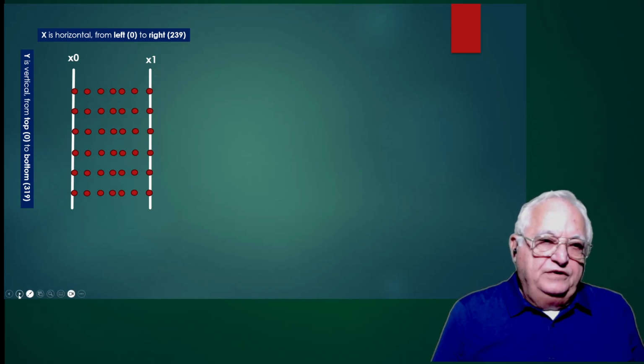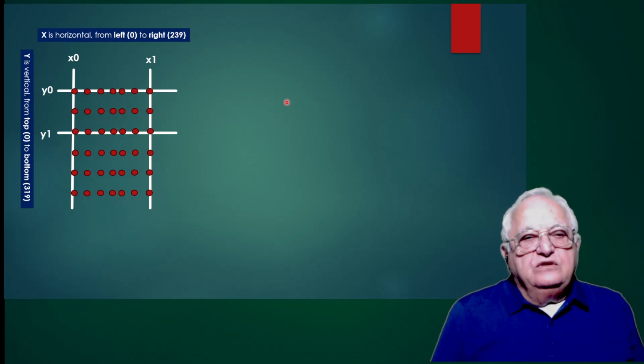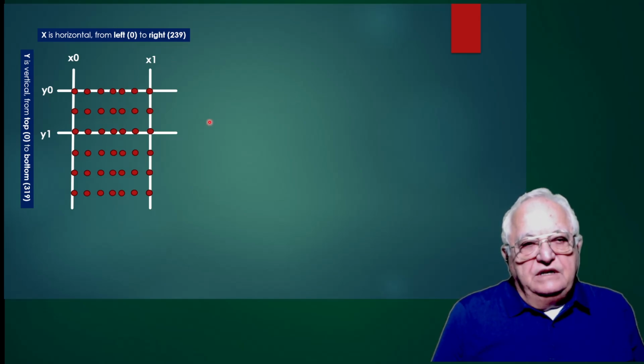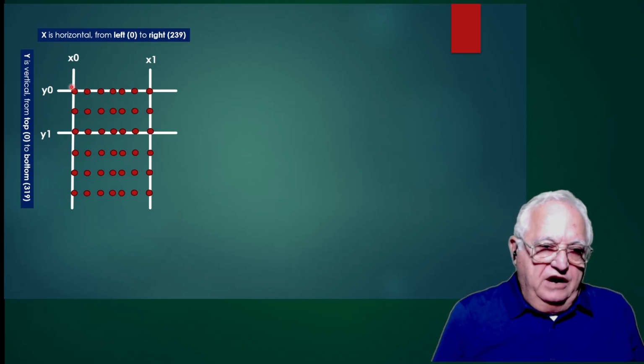Then I'm going to define Y0 and Y1. So I'm going to send to the display this information, which gives me this particular area.